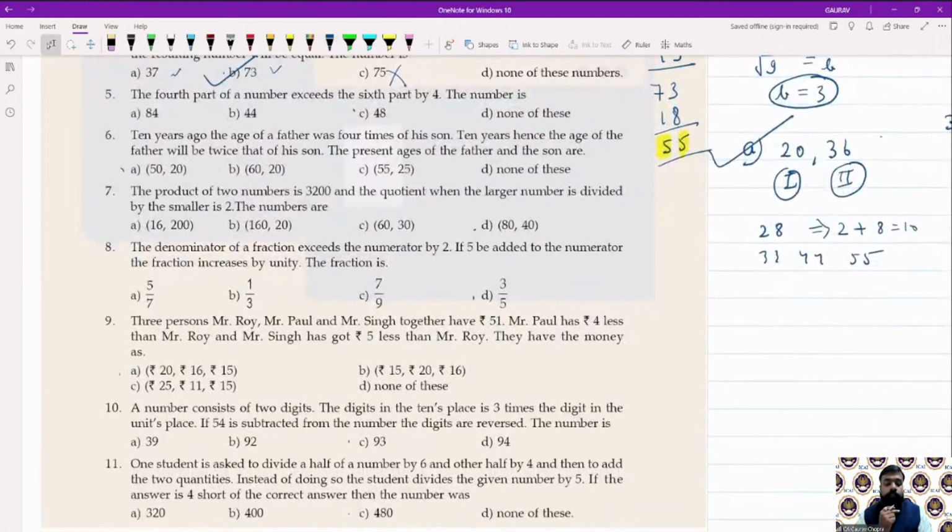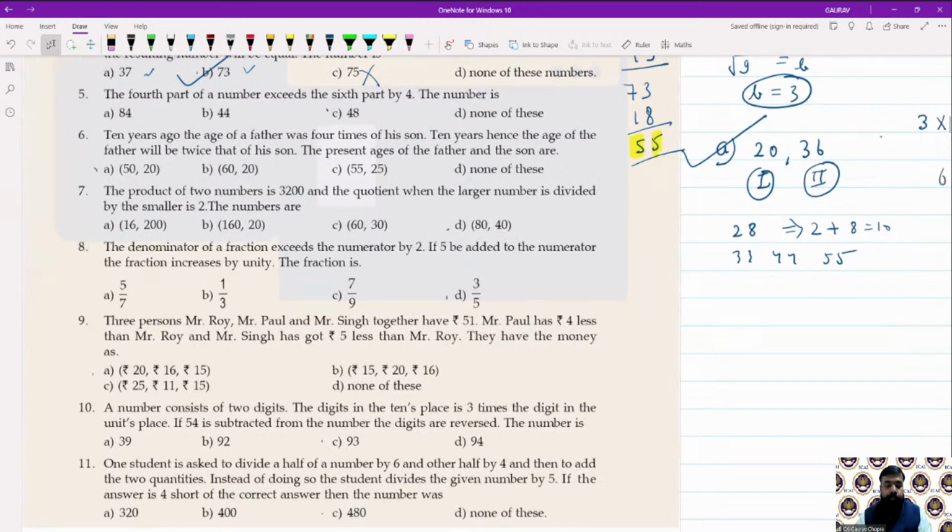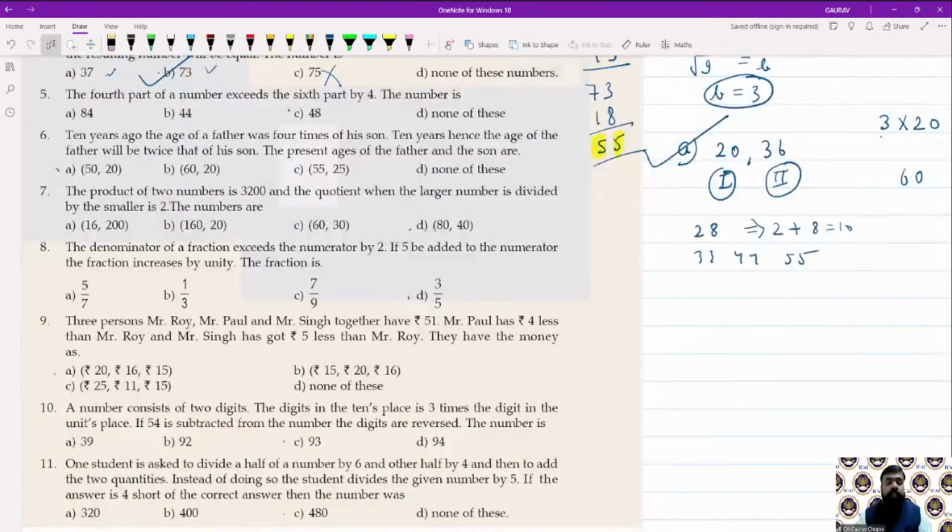Then the fifth one: the fourth part of a number exceeds the sixth part by 4. Now what is the condition? Let's check. The fourth part of a number exceeds the sixth part by 4, then the number is.